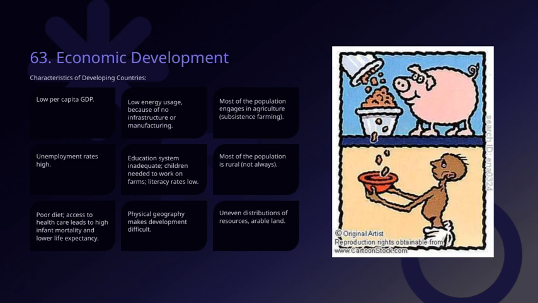Additionally, low energy usage reflects a lack of infrastructure and manufacturing industries, which further hampers economic growth. Unemployment rates tend to be high, and per capita GDP remains low, indicating that the average income per person is quite limited.